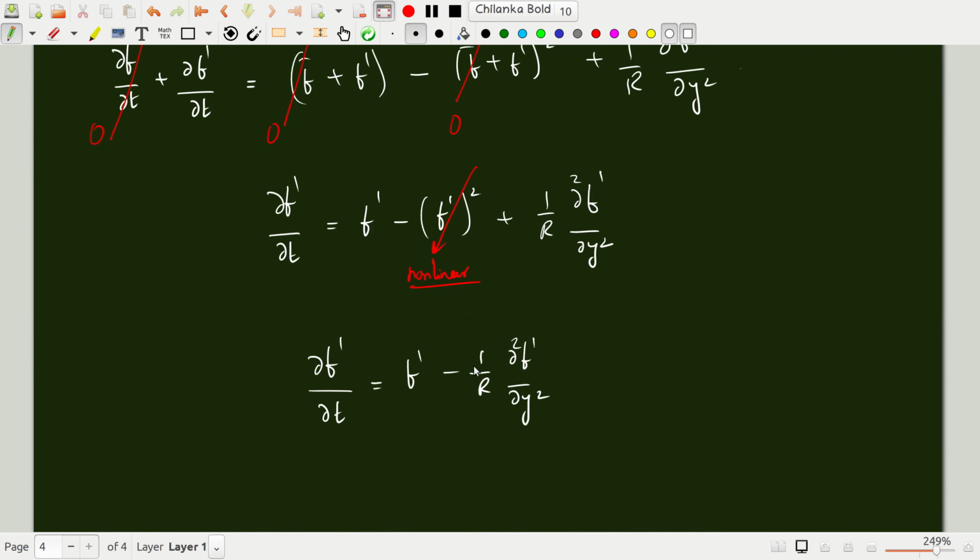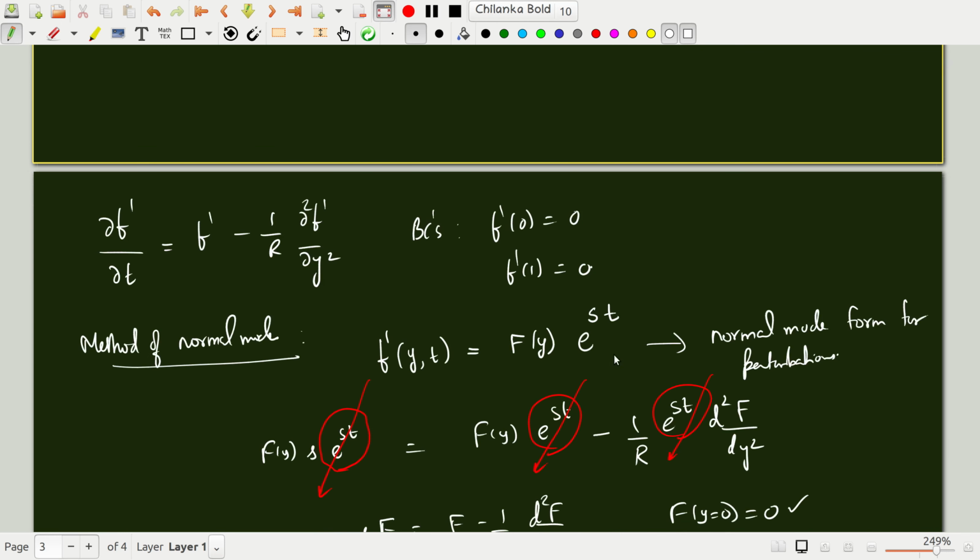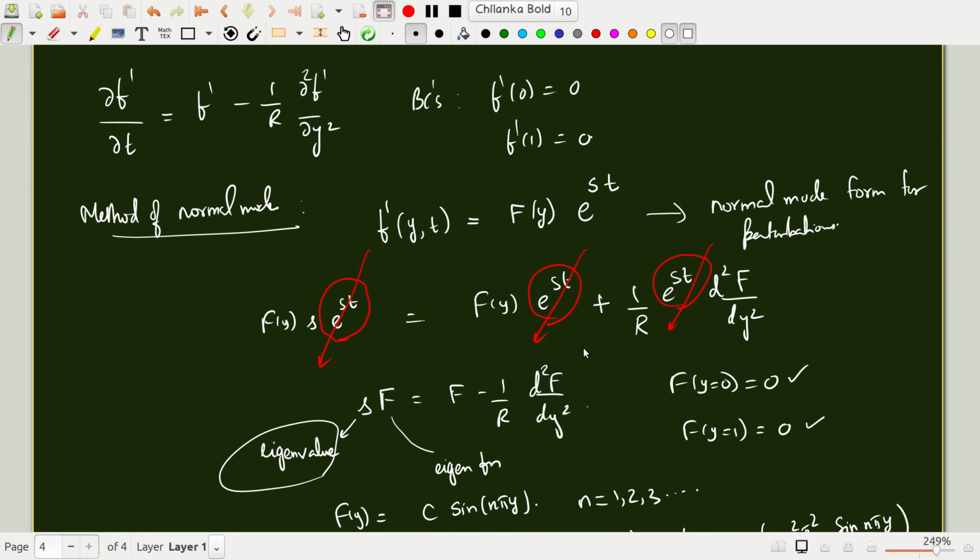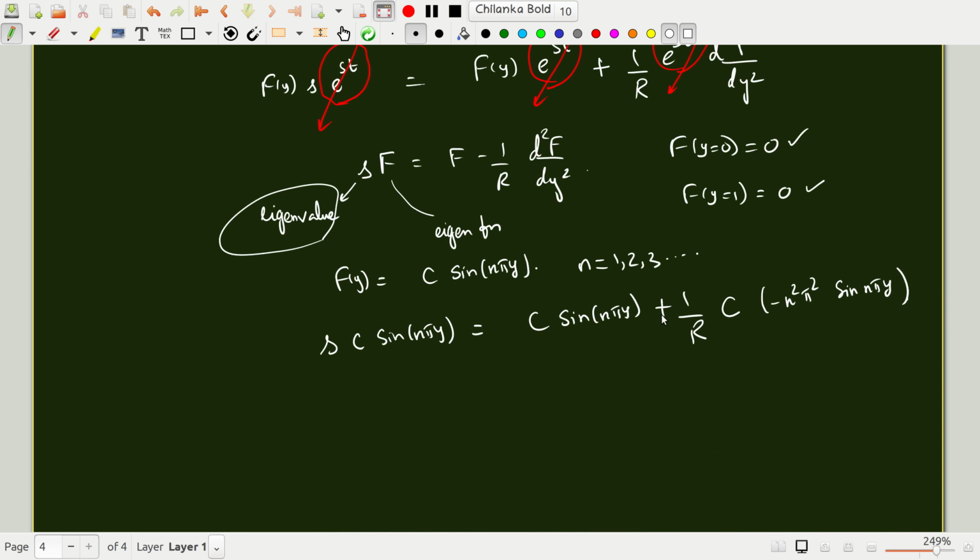I'm sorry about this particular change of sign here. It should be plus out here. So that sign mistake should be rectified.